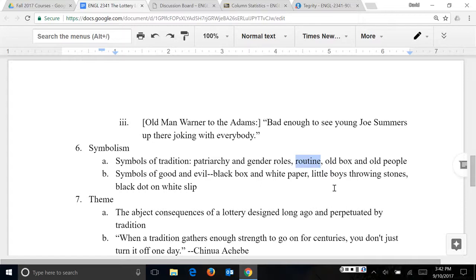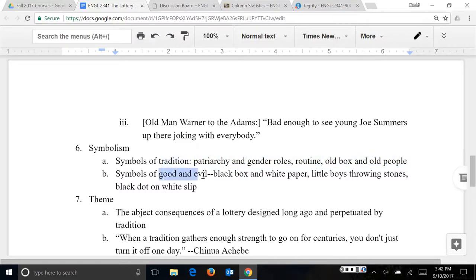We know that everyone is used to gathering on a specific date in the same place, and so on. And then, of course, we have these references to old things and old people, customs, and so on. So again, all of these elements contribute to this idea of tradition.